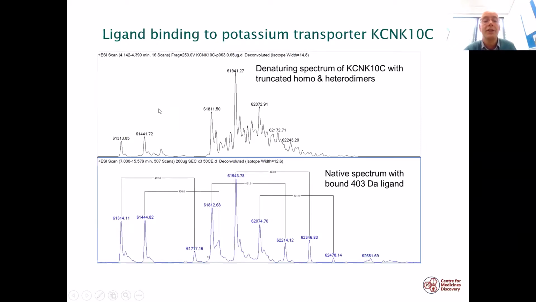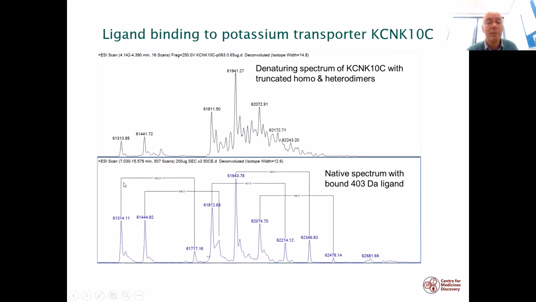This is a denatured, deconvoluted spectrum. If we now look at the deconvoluted spectrum from the native analysis, instead of having 5 peaks, we have 10 peaks. And those 10 peaks represent an addition of a non-covalent binder onto each of the 5 peaks we have here.